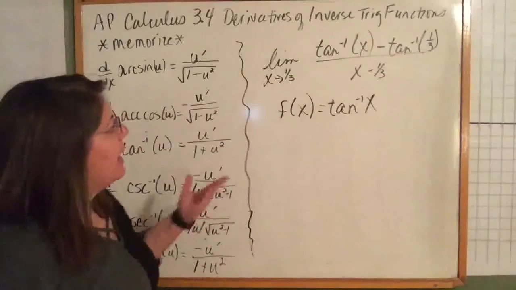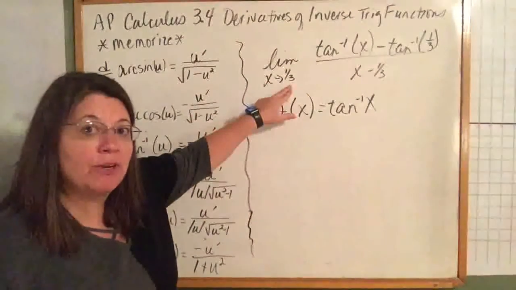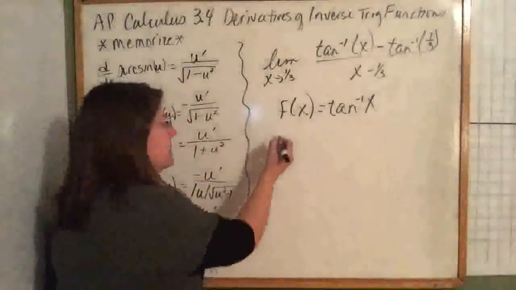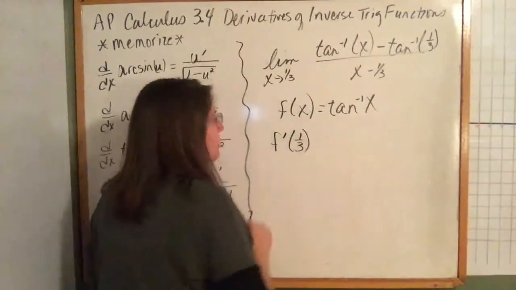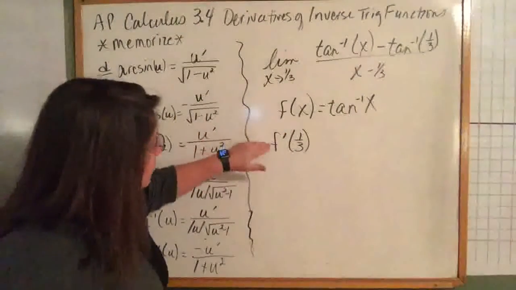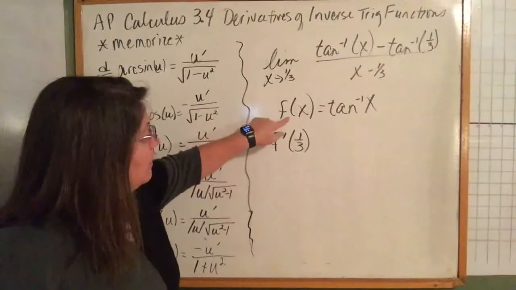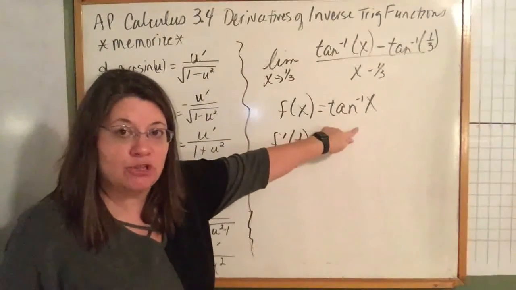So if they're asking us to find the limit as x approaches 1/3, aren't they really asking us to find f prime of 1/3 for that function? Okay, so they're asking us to find f prime of 1/3. Well, we know that f of x is tangent negative 1 of x, or arctangent of x.